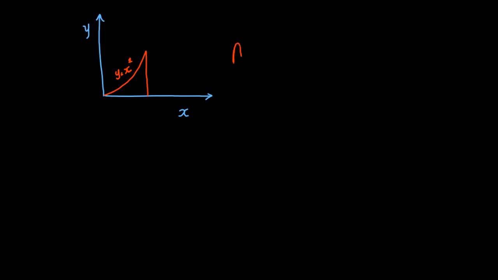The area beneath the red curve should be directly proportional to some fraction of this green rectangle. So I'm going to write the area beneath the red curve is directly proportional to some fraction of the rectangle.